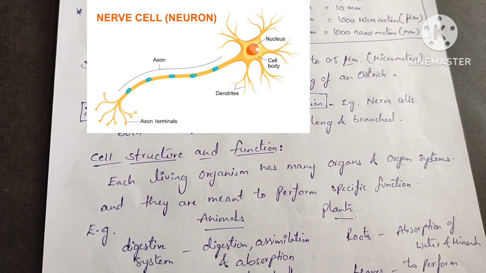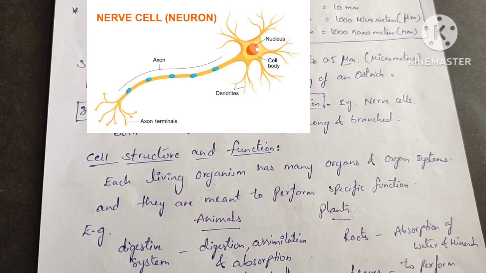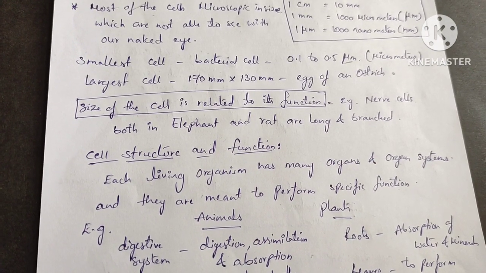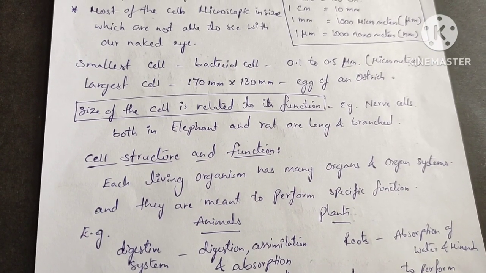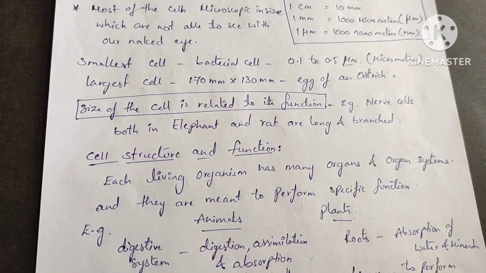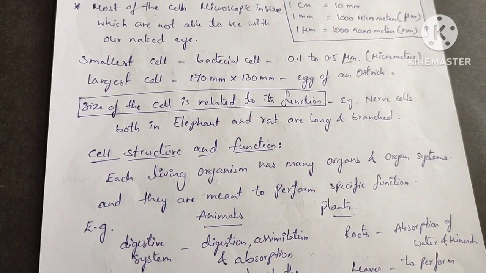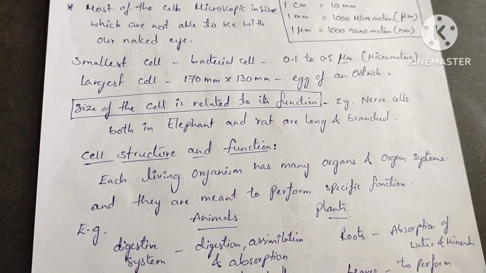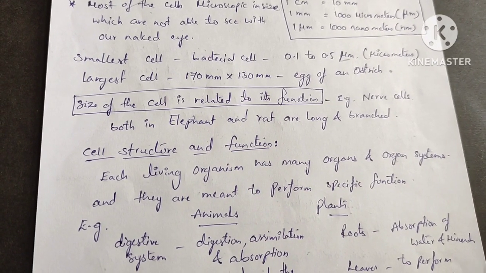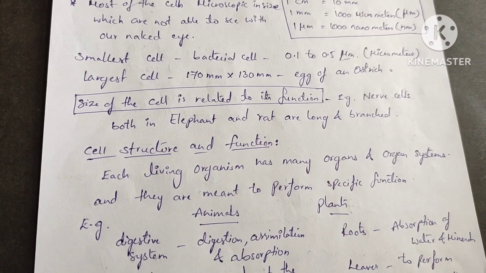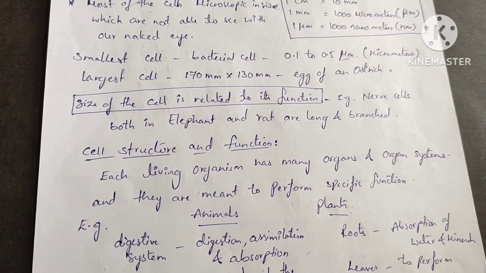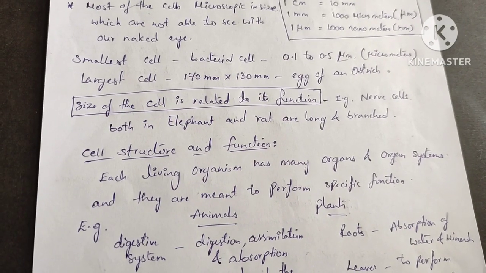That's why they are longer, nearly 90 to 100 centimeters long, both in larger animals and in smaller animals. Suppose an elephant and a rat: even though the rat is small and the elephant is large, the nerve cells are long in both animals.